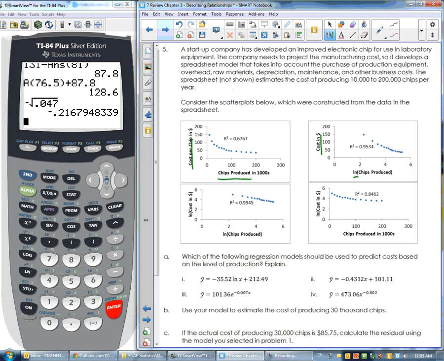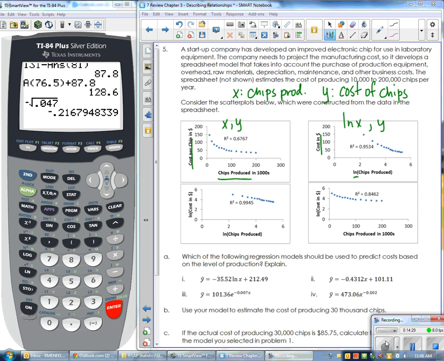So if I think of my X variable as being the chips produced, and my Y variable being the cost of the chips, then this first scatter plot is comparing X and Y. The second scatter plot is comparing the natural log of X versus Y.